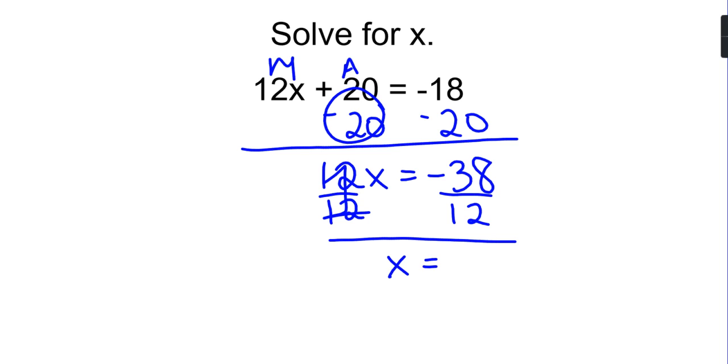I know that 36 divided by 12 is 3. That would use up 36 twelfths, so it would leave me with 2 more twelfths left over. I don't want to write it as 2 twelfths. I want to simplify that fraction by dividing the top and bottom by 2, and I would say 1/6. Important that we pay attention to the sign. If we're taking a negative and dividing it by a positive, our answer is going to be negative.